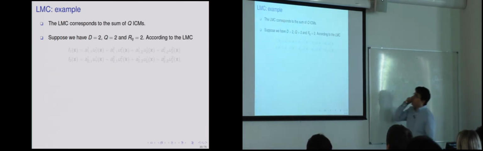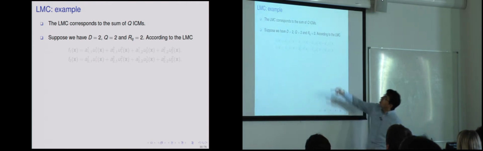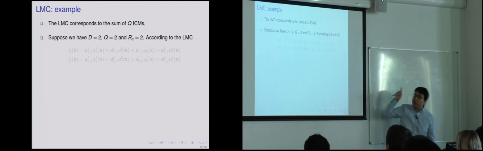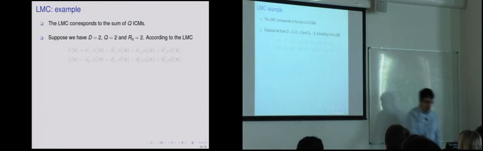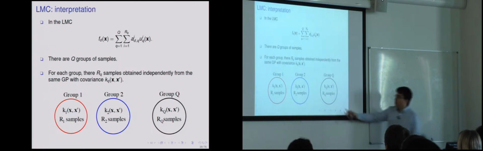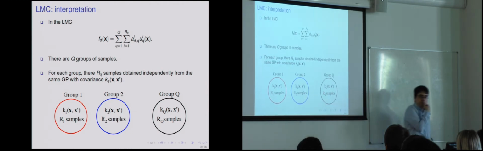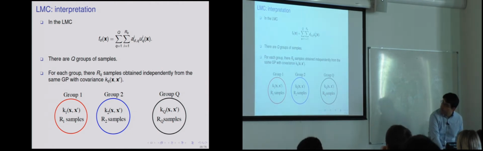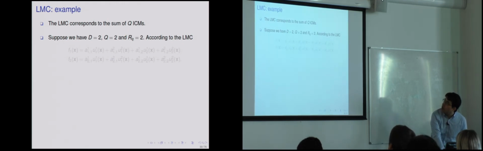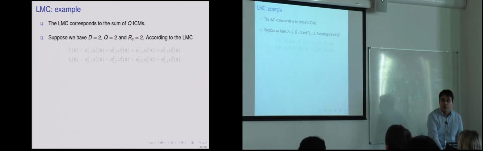So let's look at a particular case with two outputs. Another way to understand the linear model of coregionalization is to think about it as the sum of capital Q ICM models. Each of these groups of samples corresponds to an ICM model. So we have two outputs, two different random processes, and for each of those random processes, we have two samples.